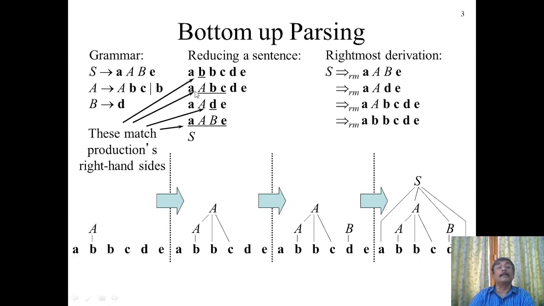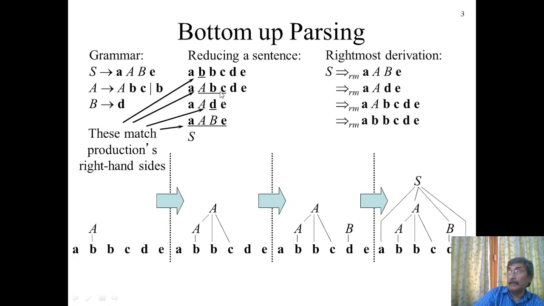Like in this sentential form, small a is a viable prefix, small a capital A is a viable prefix, small a capital A small b is a viable prefix, small a capital A small b small c is a viable prefix, but small a capital A small b small c small d is no longer a viable prefix, because I have gone past the handle which is capital A small b small c.